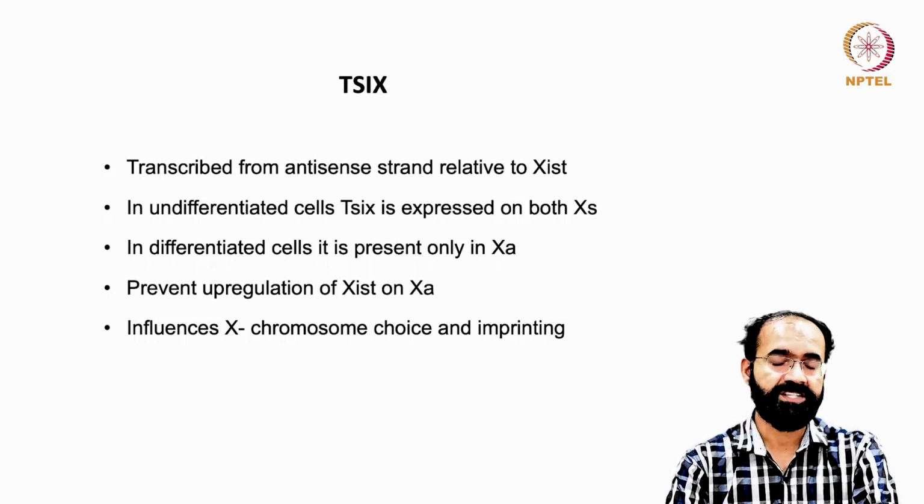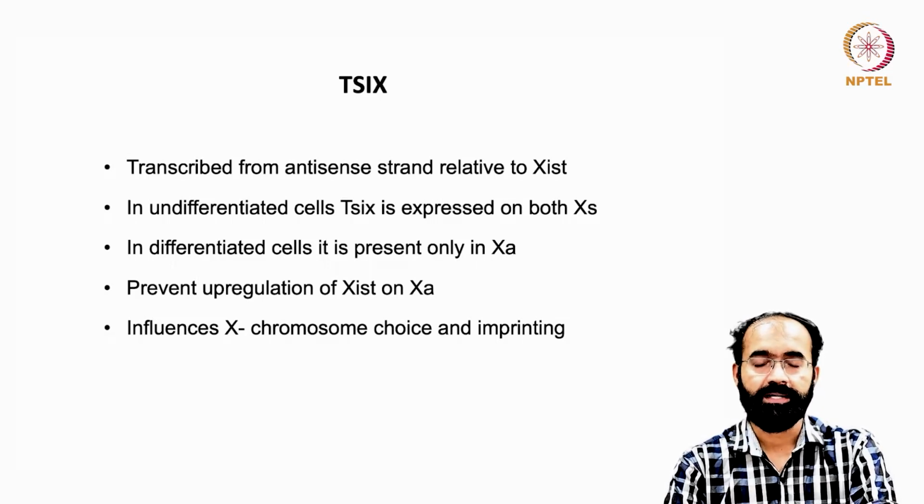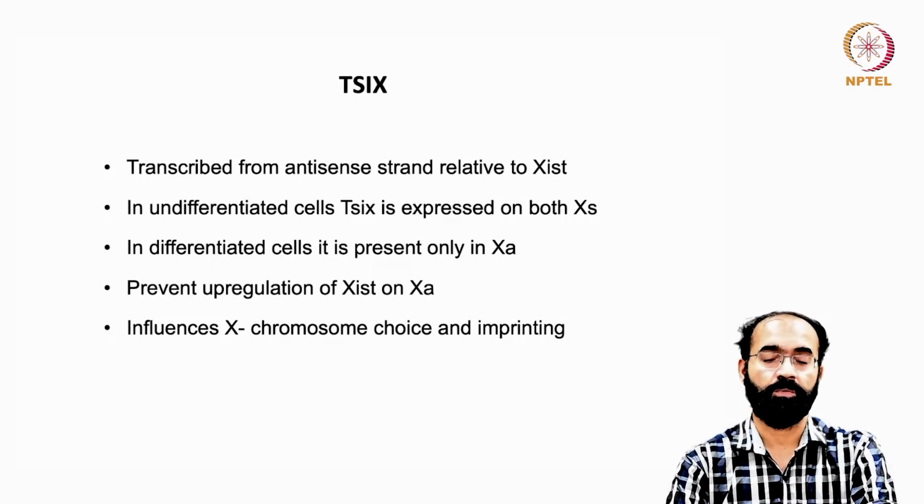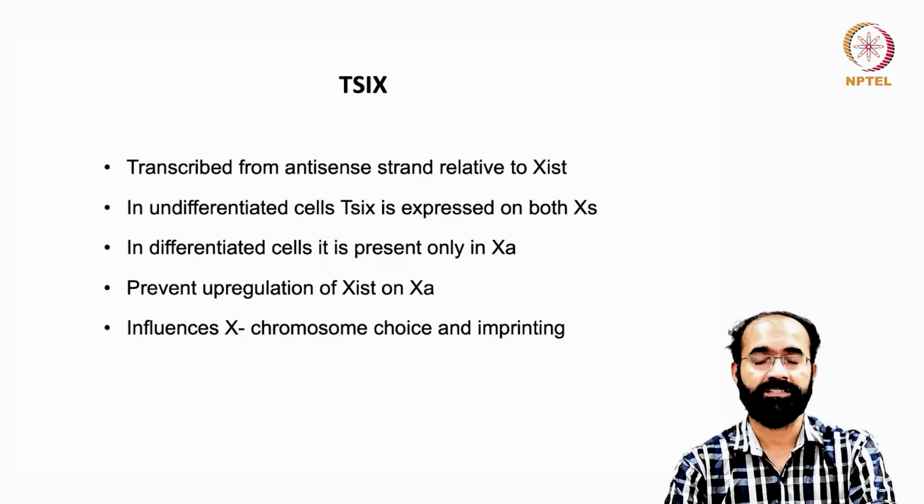Undifferentiated means the cell is not committed to become anything, so Tsix can be expressed from both. In differentiated cells, it is present only in the active X chromosome, written as XA. So the active X chromosome must have strong expression of Tsix to counter even the leaky expression of Xist.